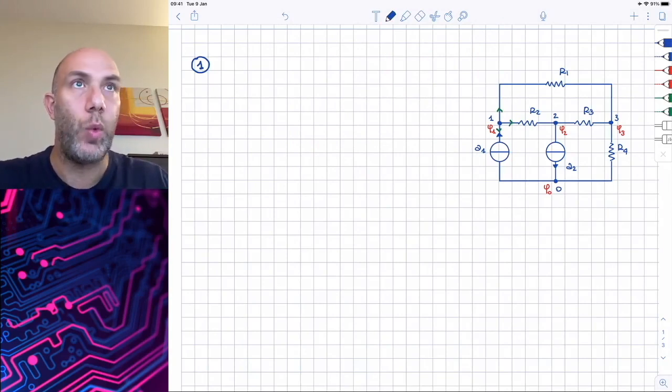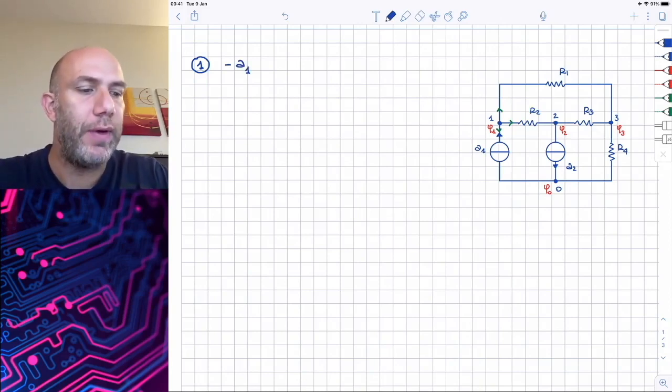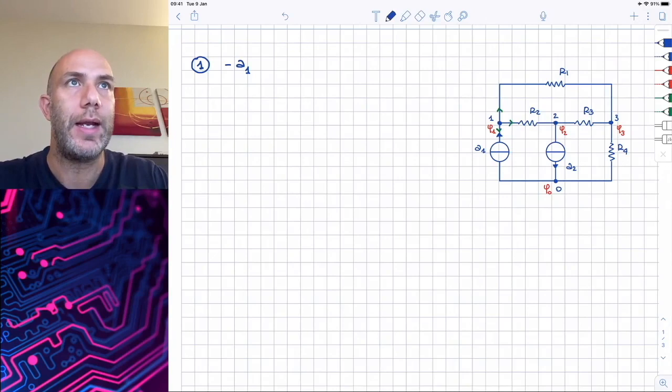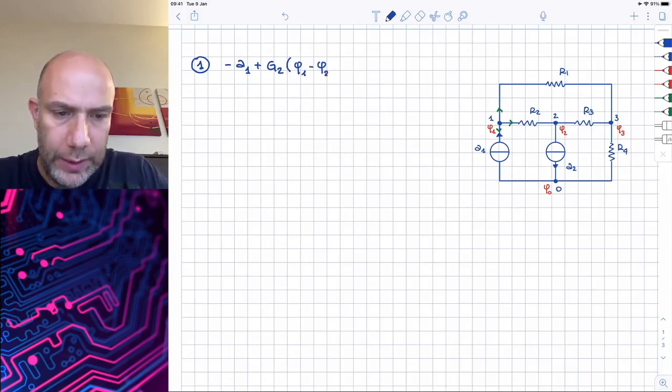Since the current A1 is flowing inside, we have minus A1. Then we have a current that is the current that is flowing through the resistor R2. We can write this current as plus G2 phi 1 minus phi 2.